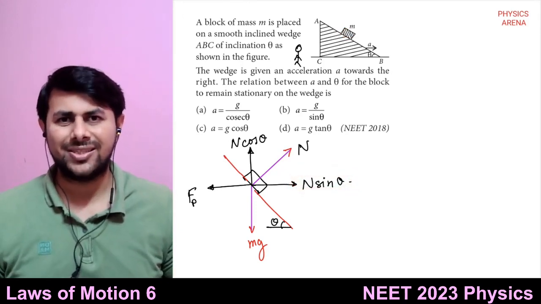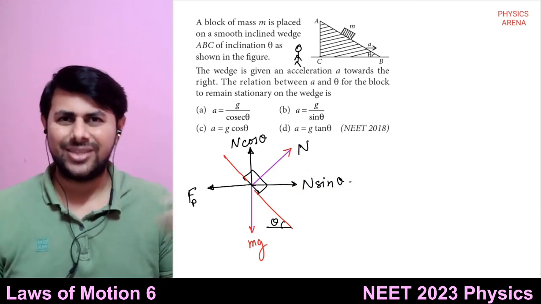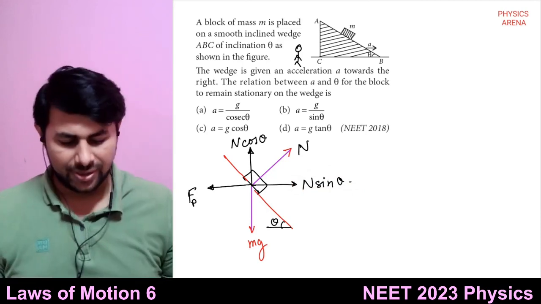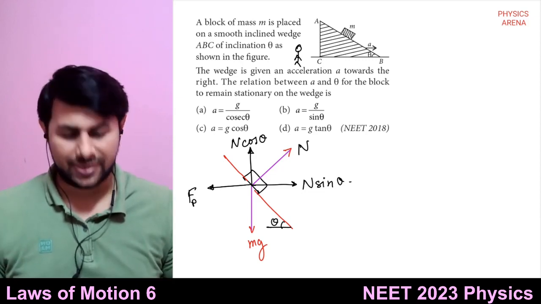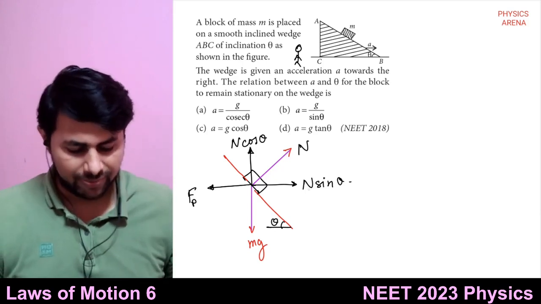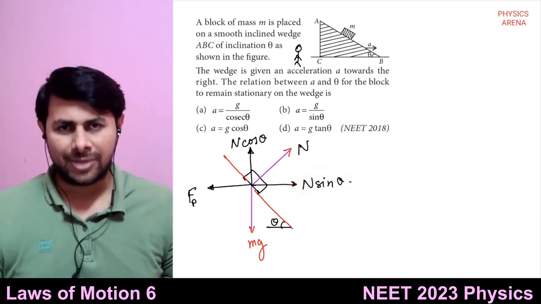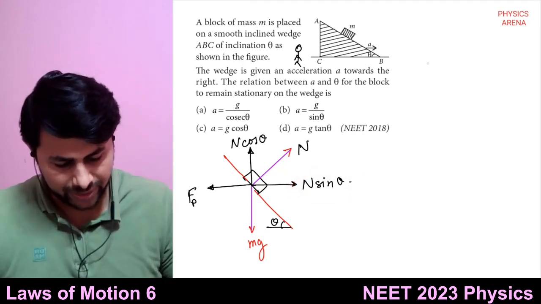So the observer says, I'm at rest, I'm not accelerating. The world is accelerating in the opposite direction. So why am I at rest? It's because the pseudo force is balanced by this component of the normal reaction. So again you get the same set of equations.